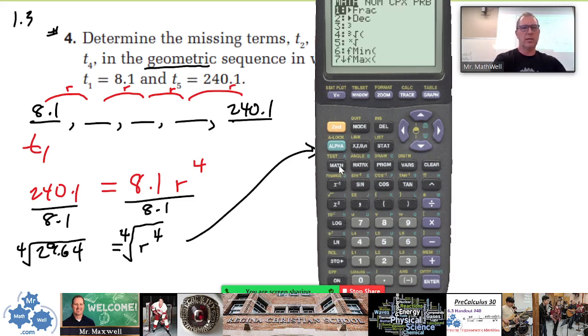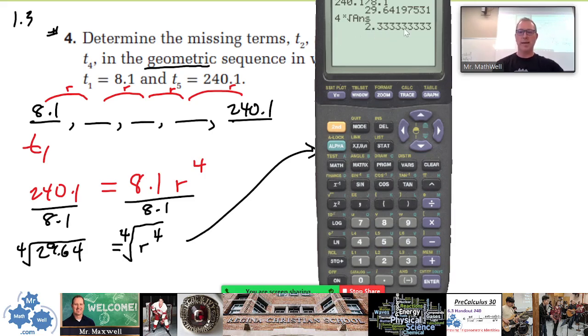I think in this one, here's this one right here. You see that x root. So I'm going to pick this function, because I want the 4th root. That's how I tell the calculator I want the 4th root of, and then I'm going to put my answer in there. So second function, answer. So the 4th root of the answer is 2.33 repeating.